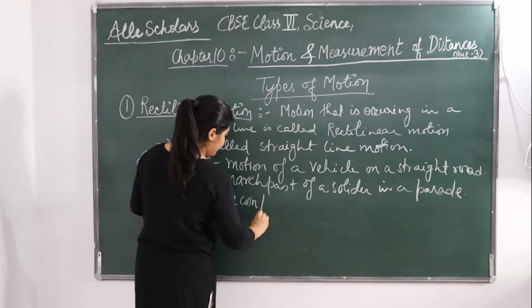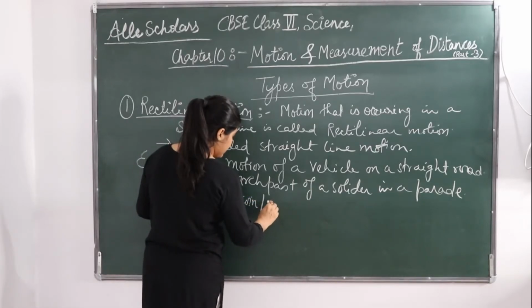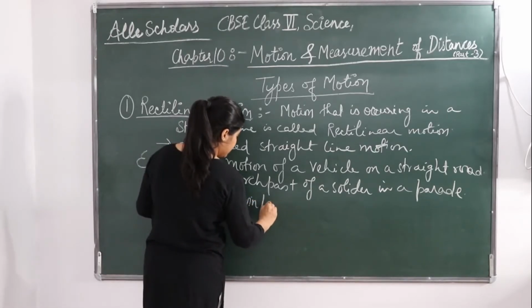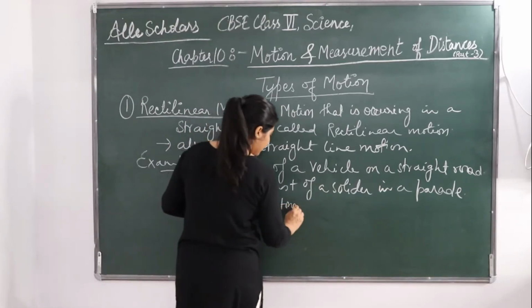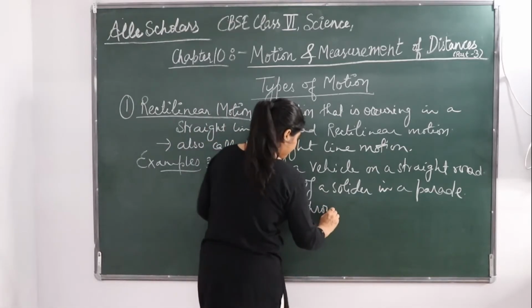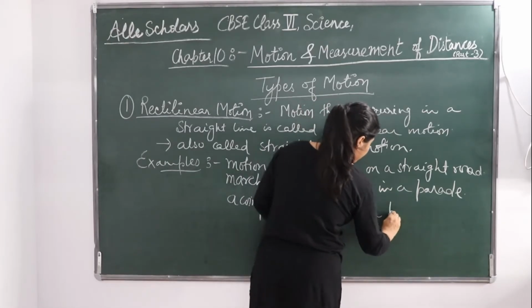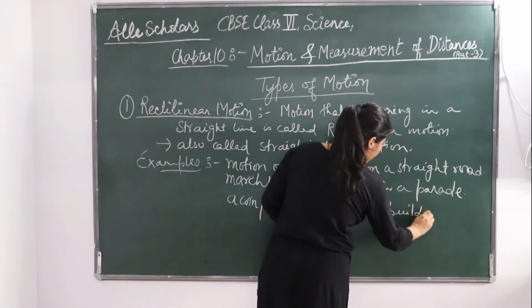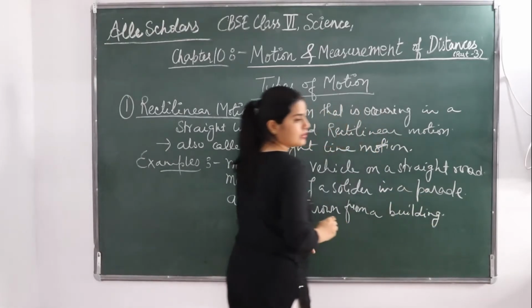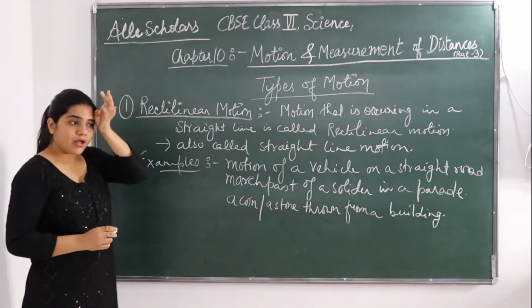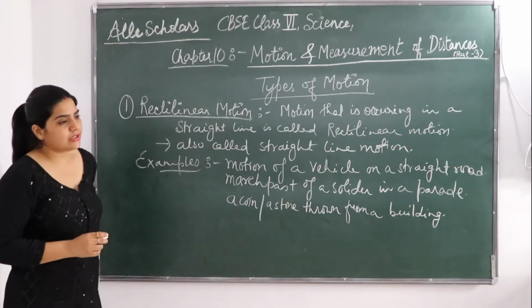A coin, or you can also say a stone, thrown from a building. Okay? So this is also a straight line motion.